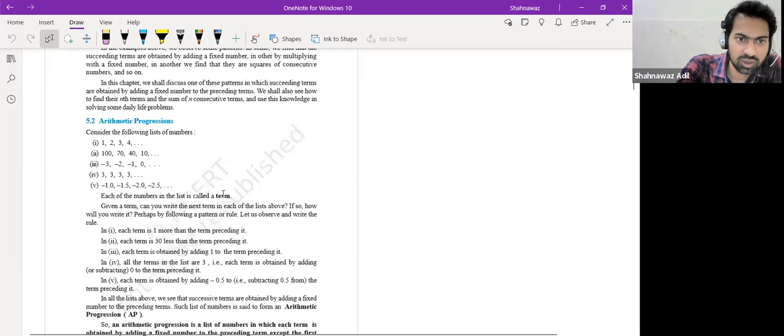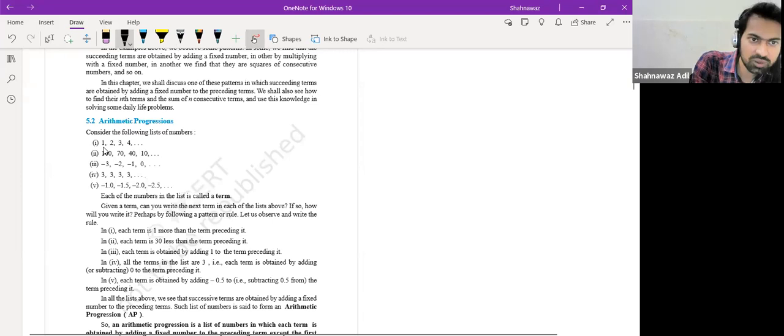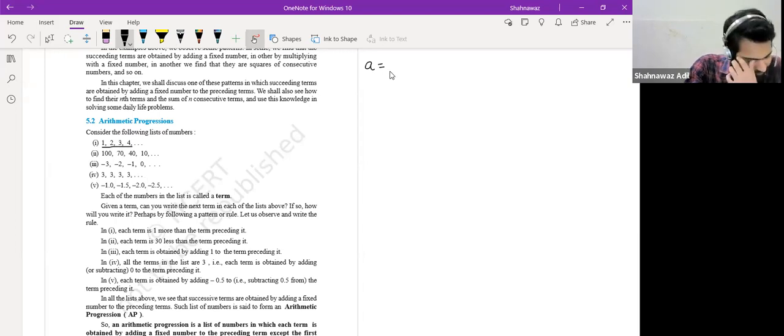So let us solve this example. You see that these are the four terms, right? A1 is how much? One. A2 is two. A3 is 3. And A4 is 4.